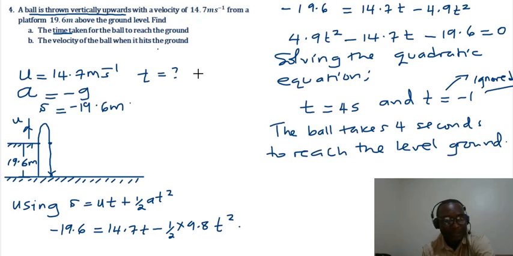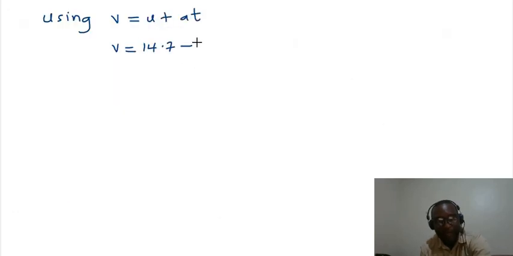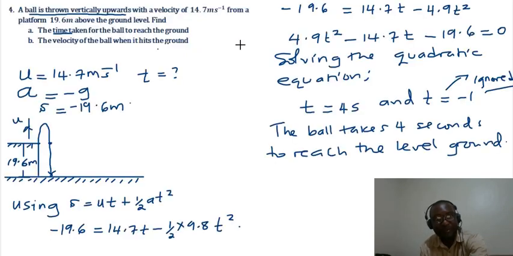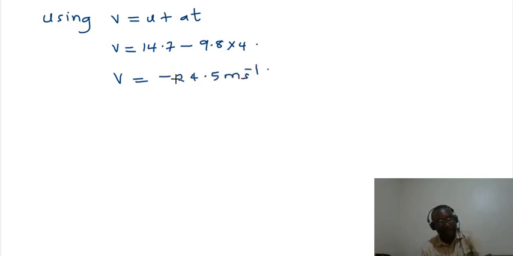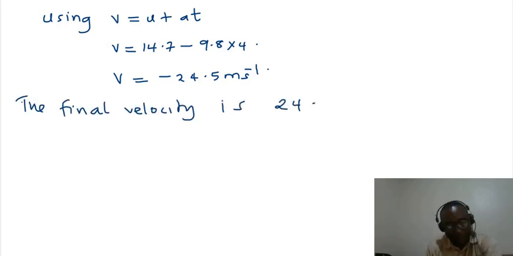So v is equal to our u, 14.7, minus our acceleration 9.8 times the time taken to hit the ground, which is 4 seconds. So on simplifying this, v is going to be equal to negative 24.5 meters per second. This negative simply means the ball is moving in the opposite direction. So therefore, the final velocity is 24.5 meters per second downward.